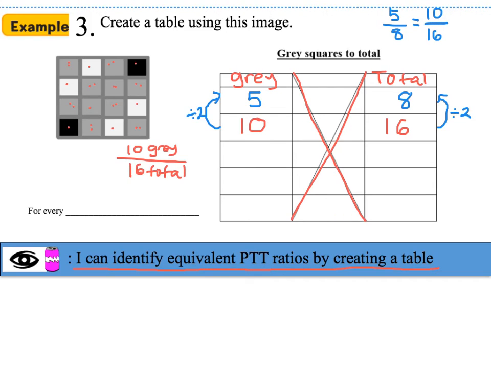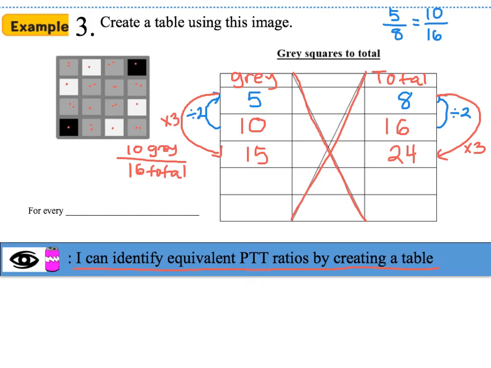Okay, so let's go ahead and scale forward now. If I'm at the first box, let me go ahead and multiply 5 times 3. Let's scale forward. And multiply 8 times 3 to scale forward. So now that becomes 15 gray squares for every 24 total squares.